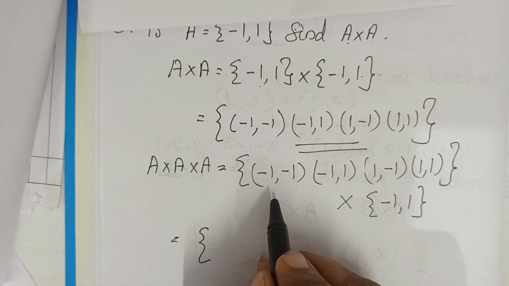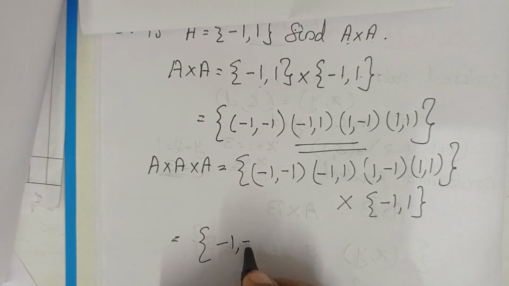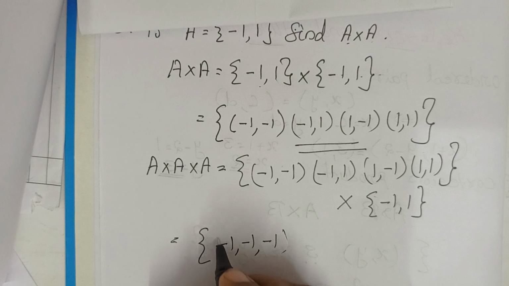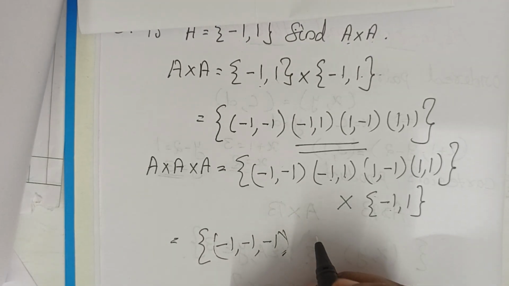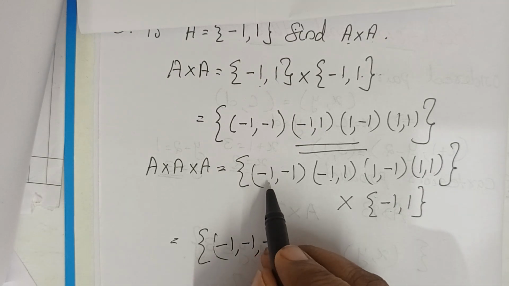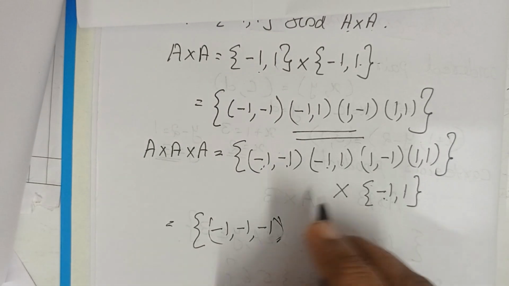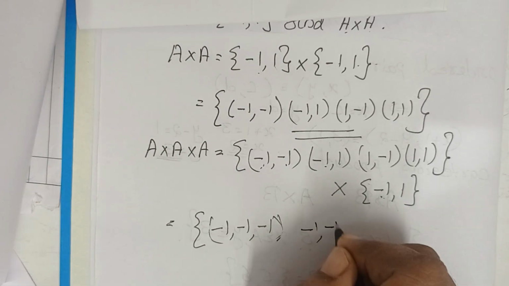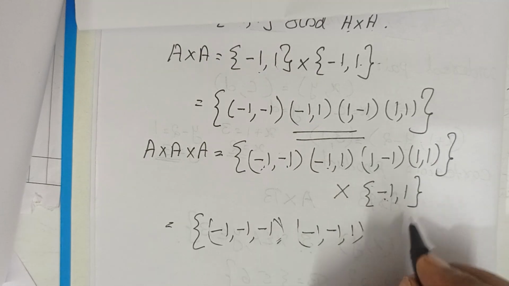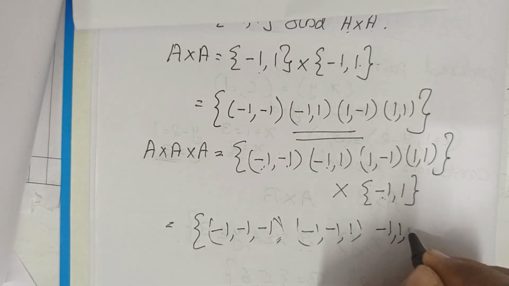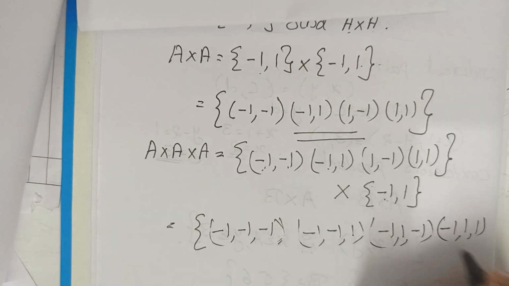When you take the first ordered pair, we need one more element. Minus 1, minus 1, minus 1. Then minus 1, 1, minus 1. Or you can start here. Minus 1, minus 1, minus 1. Minus 1, minus 1, 1. Isn't it? Then taking the second, minus 1, 1, minus 1, minus 1, 1, 1.